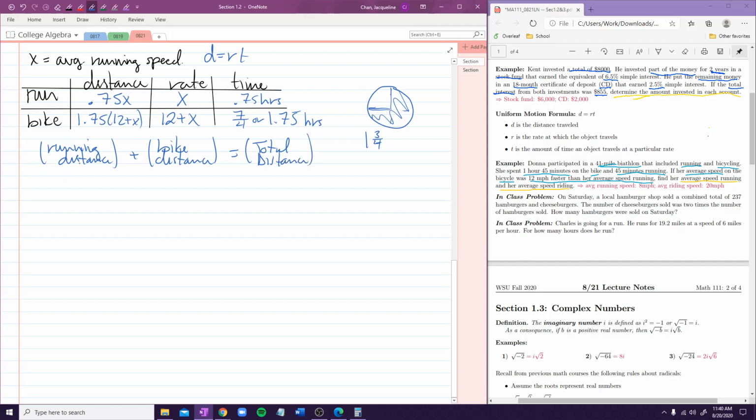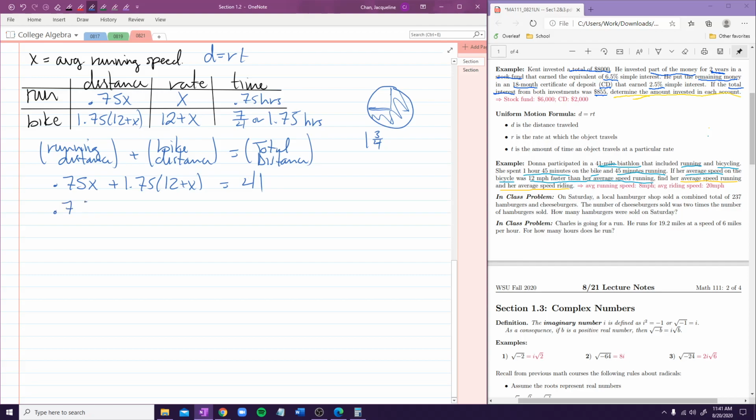So 0.75x plus 1.75 times (12 plus x) is equal to 41 miles. So this is our equation, so let's go ahead and solve it.